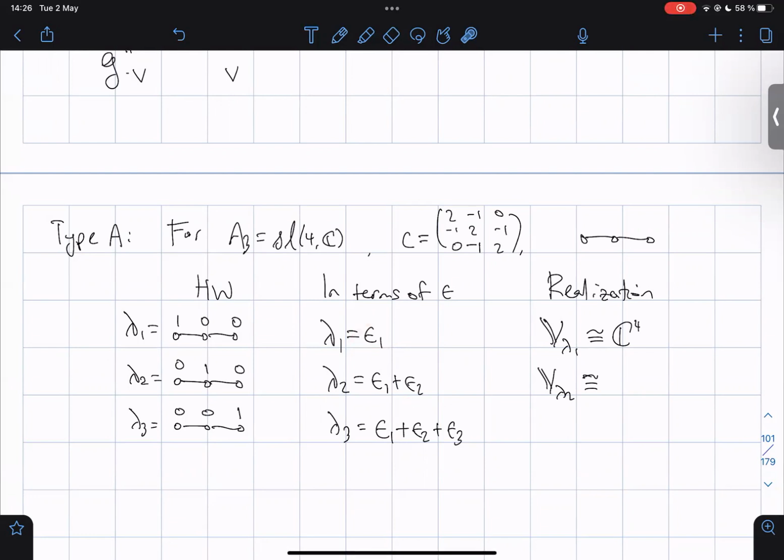So if I'm looking for a representation with highest weight epsilon 1 plus epsilon 2, one should look at this wedge 2. It turns out that's correct: this is irreducible, and that is the highest weight. You pass to wedge 3 for the next one. Wedge 4 of C4 is one-dimensional, so that's just the trivial representation.